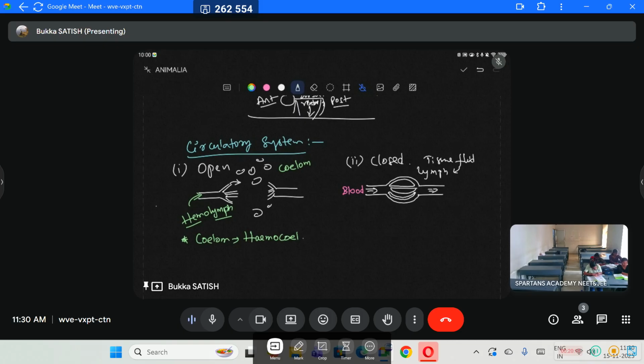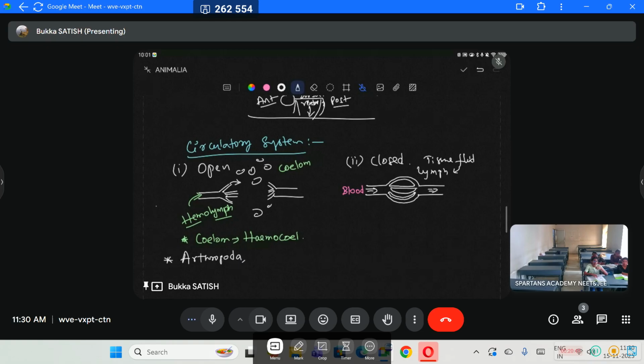But what about us? In our case, our coelom is filled with coelomic fluid. Of course, it's not blood. And finally, which phyla have this open circulatory system? No, Annelida are closed.